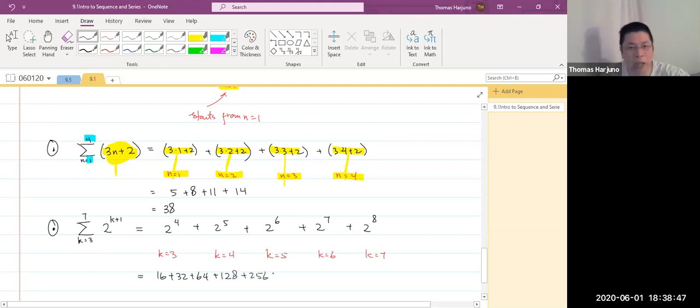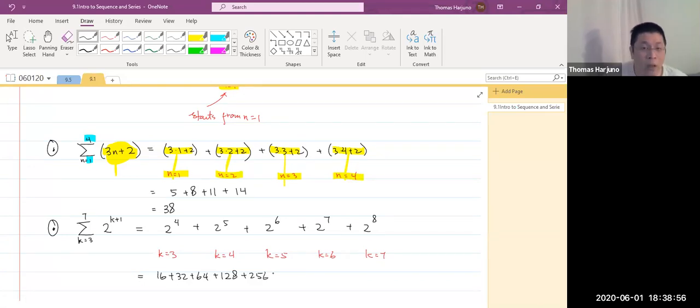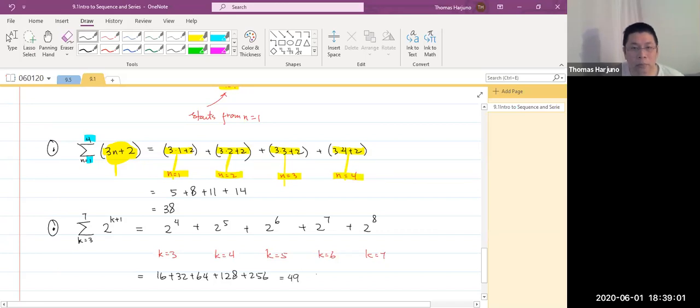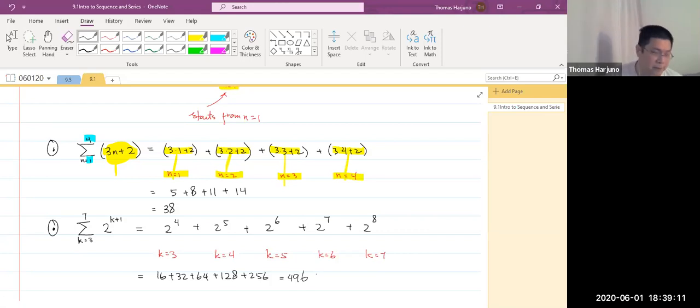I don't know what that is, but I can use my calculator. I get 496. Let me check again, just in case. Yeah, 496. Is it okay?